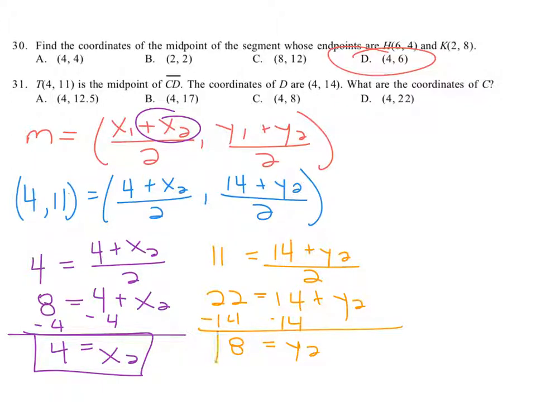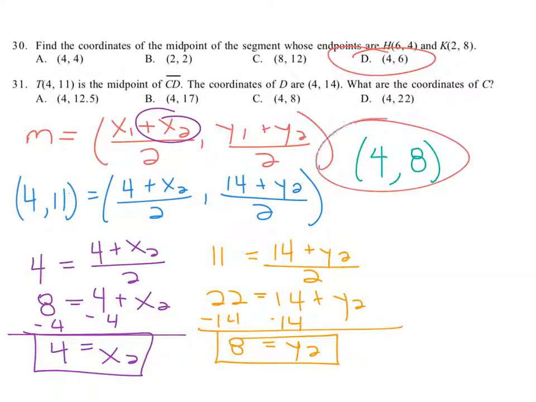So as an x-coordinate, we get 4. As a y-coordinate, we get 8. Let me write these. And that is our answer, (4, 8). Right there, C.